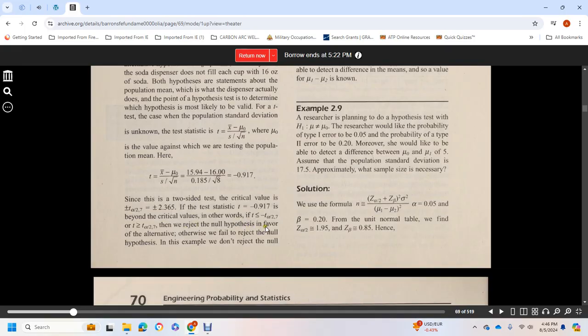Otherwise, we fail to reject the null hypothesis.